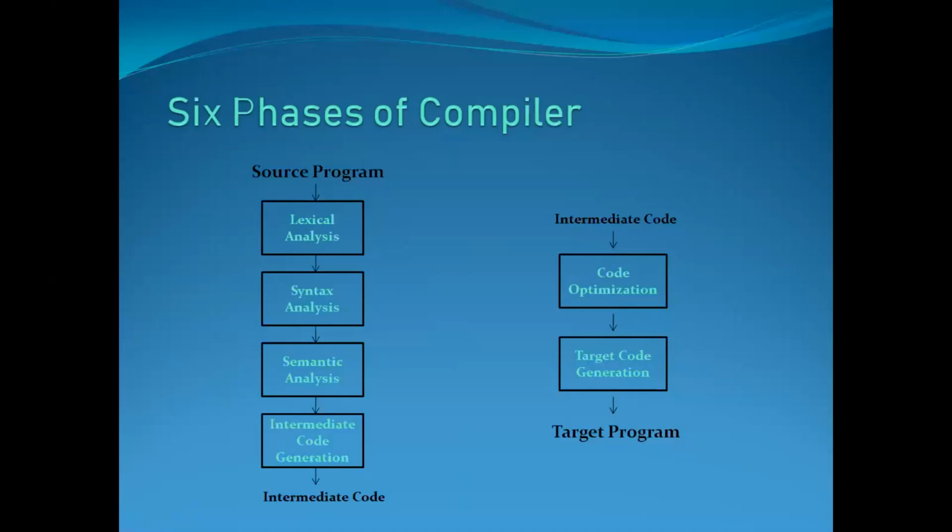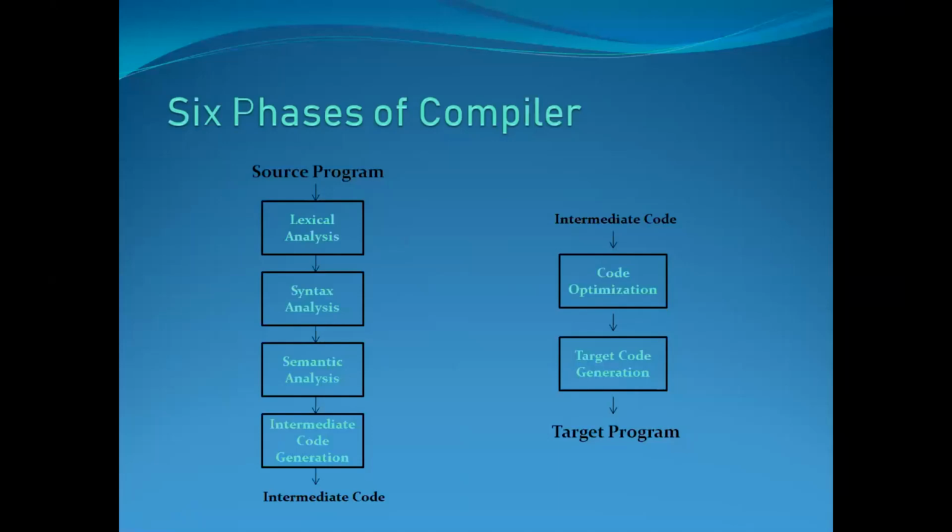So after lexical analysis, your program is hierarchically analyzed. Hierarchically analyzing means your compiler checks whether your programming instructions are according to the grammar of the language or not. We will see this phase of syntax analysis in detail in the next lecture.